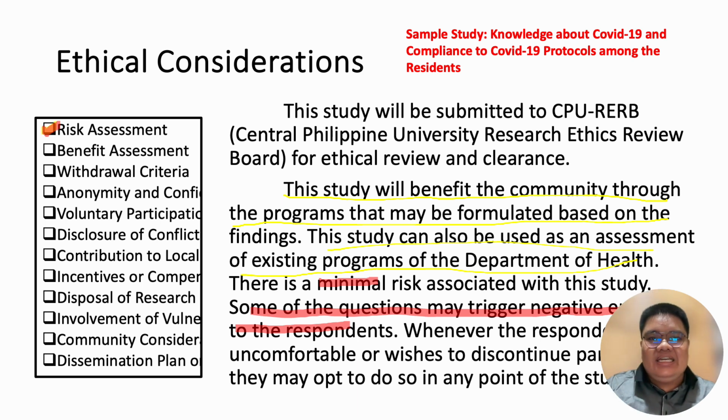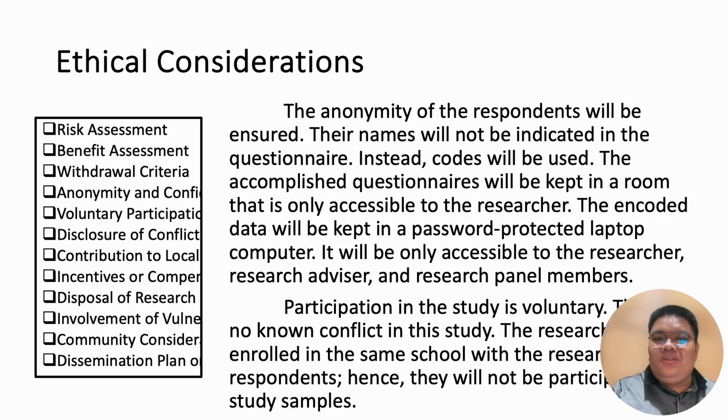patient. In this example, you would be able to notice that the anonymity of the respondents will be ensured and their names will not be indicated in the questionnaire. This reminds us that for the respondent to remain anonymous, the respondent's information, such as the name, must not be easily accessible to the public.